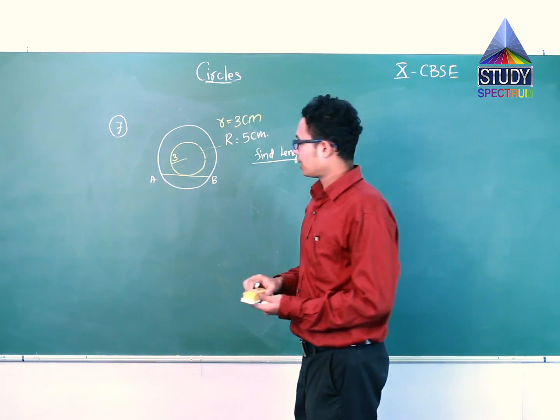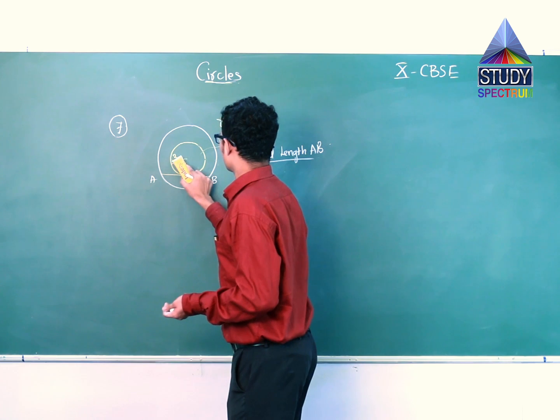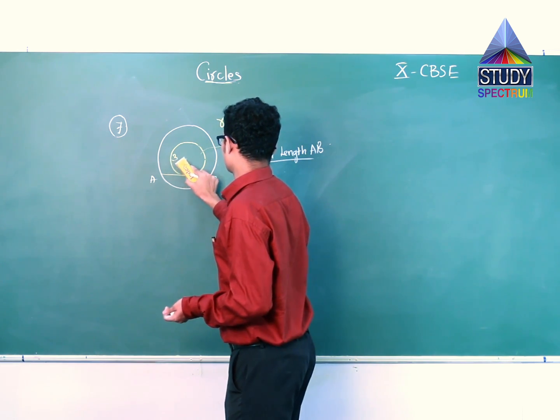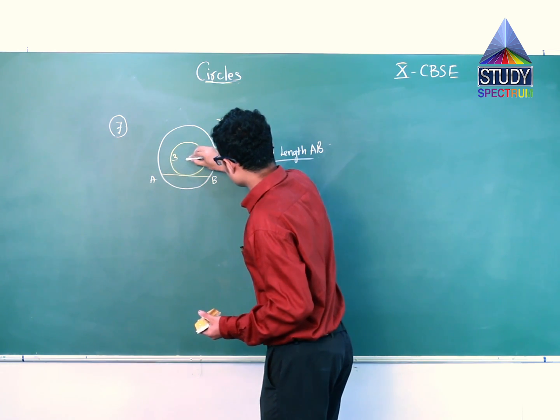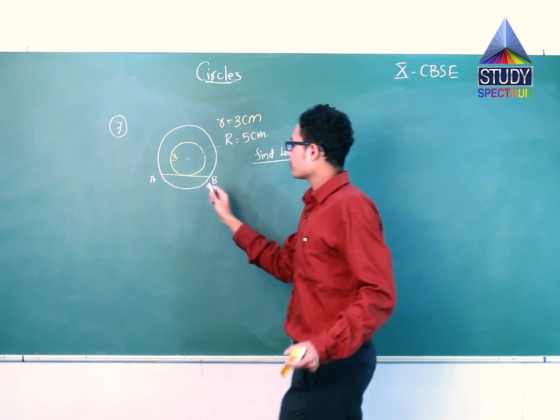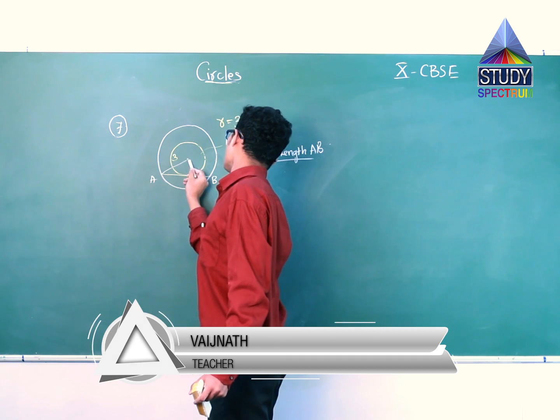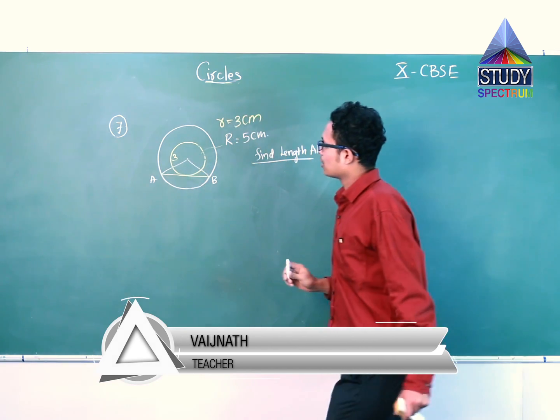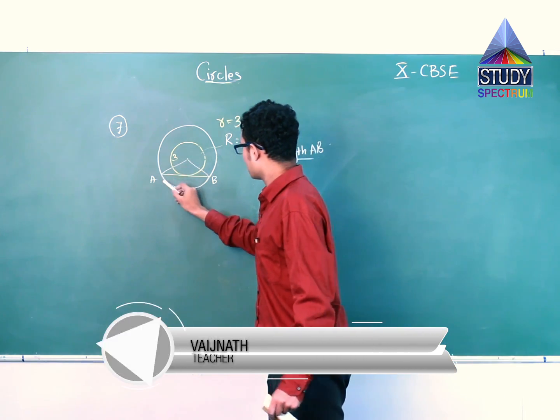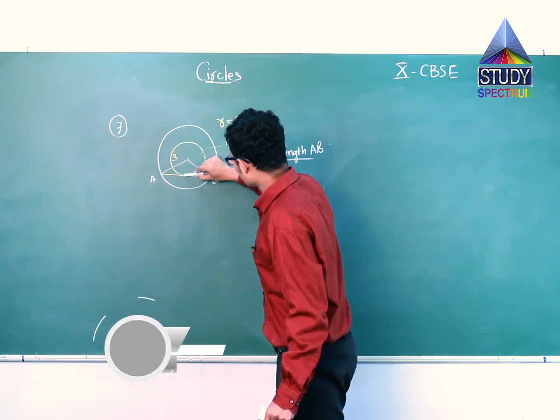What I'll do is join the endpoints of the chord with the center. This is the center, and I am joining the endpoints of the chord to the center. Now I know that this is still 3.